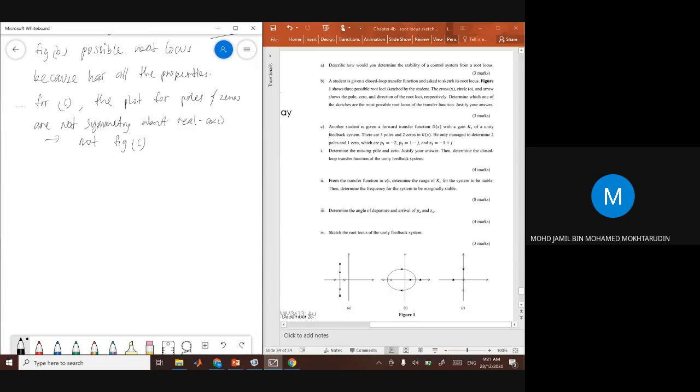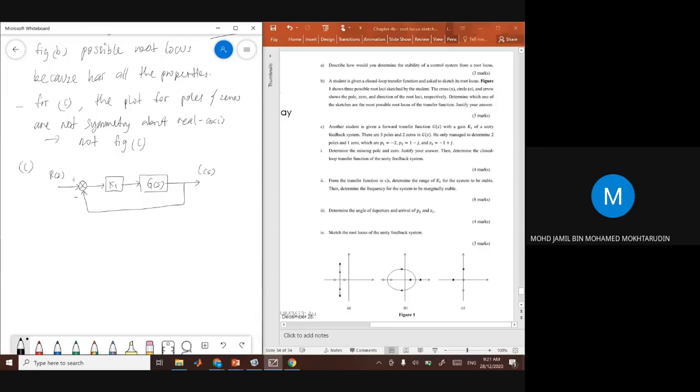Okay, so if you look at question C, it says that G(s) is the forward transfer function with gain K1. So these are forward transfer function. Let's say input R(s), output C(s), and then a unity feedback system.